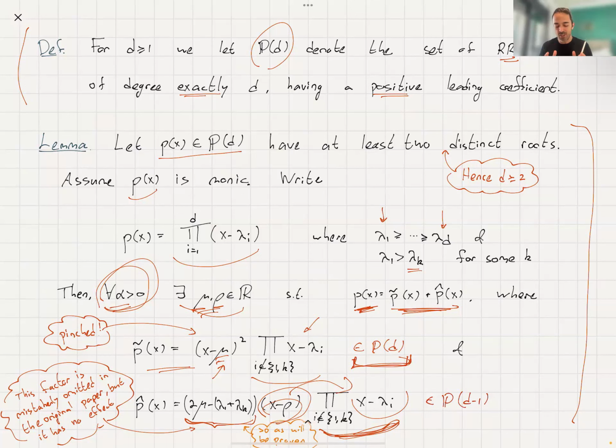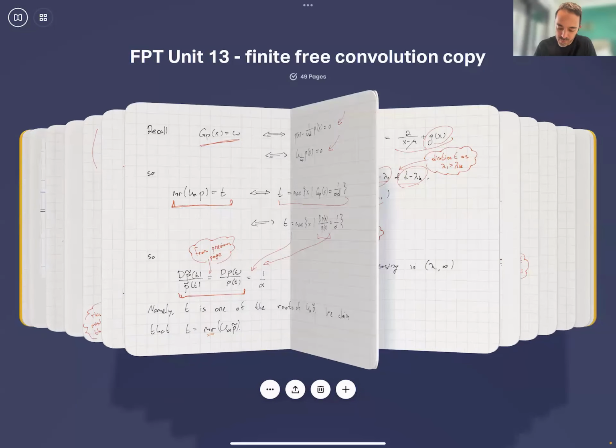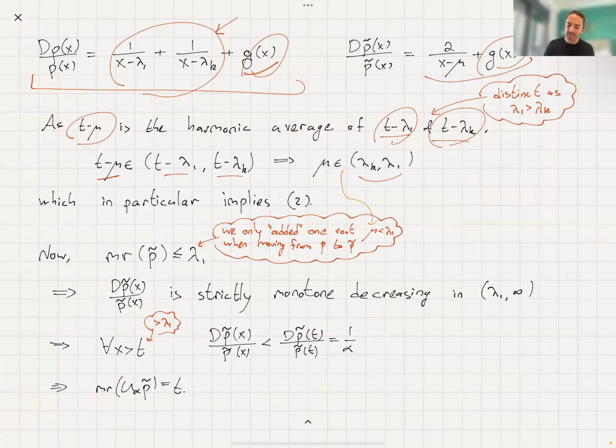So the max root of p tilde is at most lambda 1 still. There could be other lambda 1s. If there are no other lambda 1s, it's going to be mu, because lambda k is the next competitor. But it's at most lambda 1 nonetheless, because you only added mu, which is smaller than lambda 1, and you removed lambda 1 and lambda k.